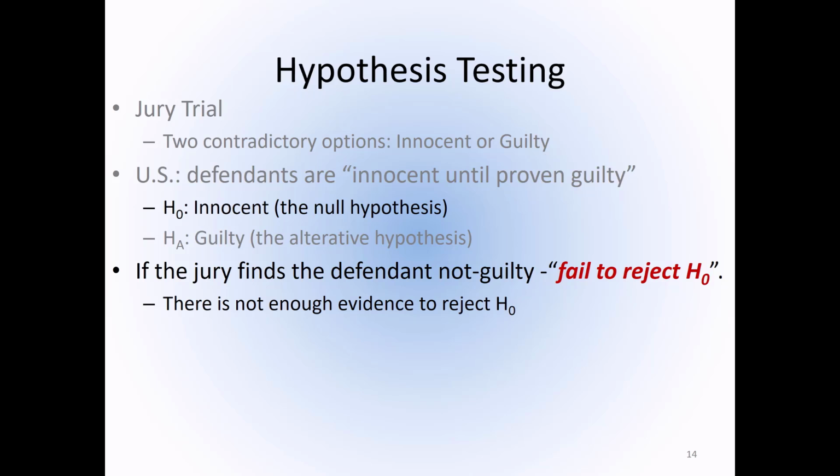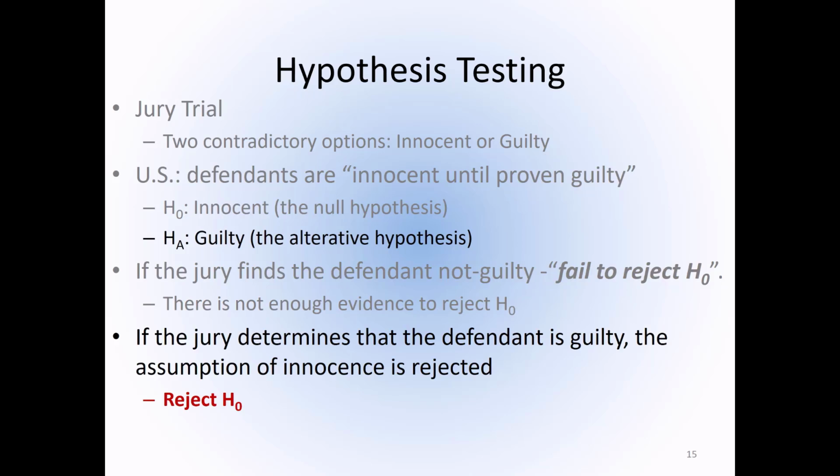They're failing to reject the hypothesis that this particular person is innocent. There's not enough evidence to suggest that the person might be guilty. Now, if there is enough evidence to reject the null hypothesis, then we are supporting our alternative hypothesis.